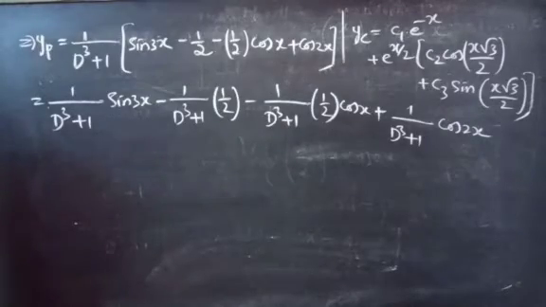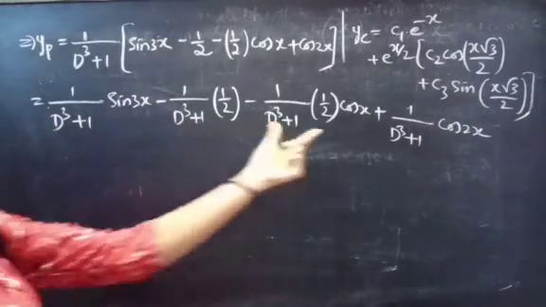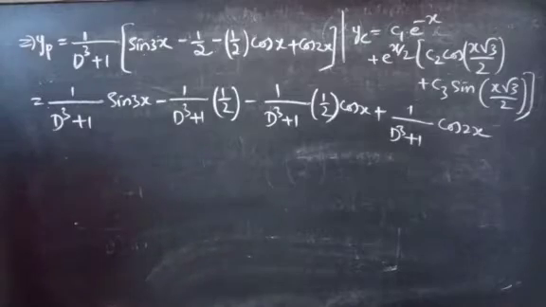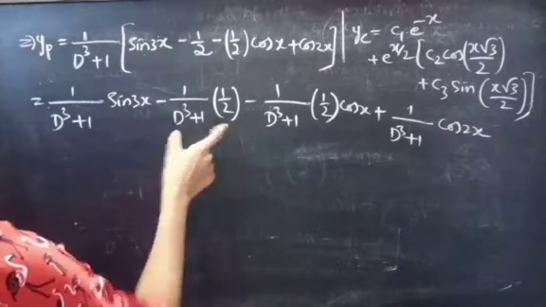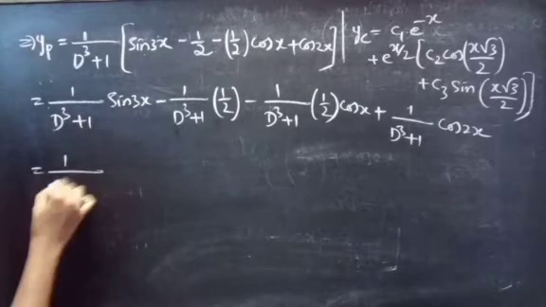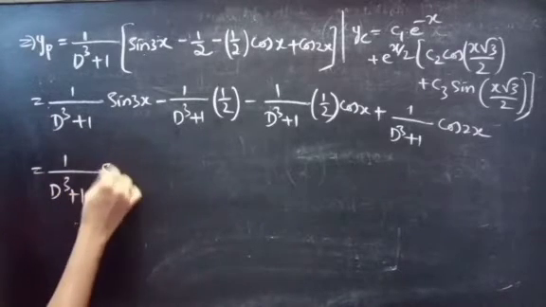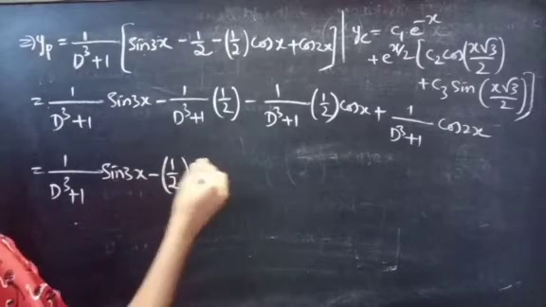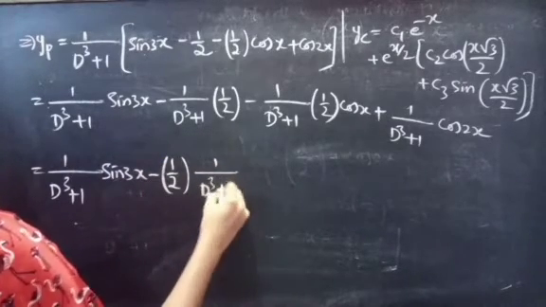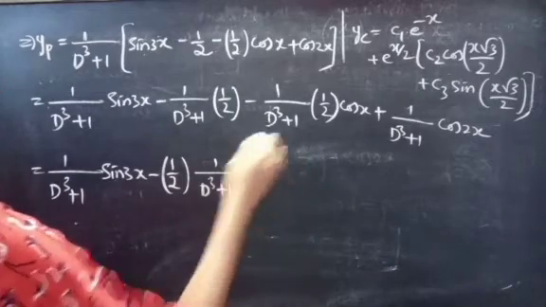Right? Now you can find each term separately. See here you're having 1 by f of D into some constant, so we can write it as minus 1 by 2 into 1 by f of D into e power 0x.